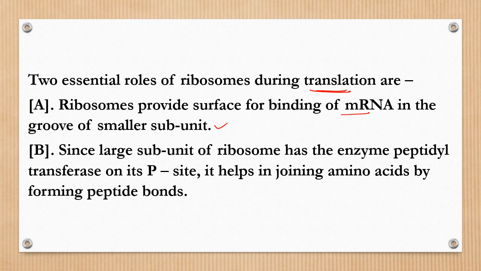And second, the large subunit of the ribosome has the enzyme peptidyl transferase at its P site, which helps in joining amino acids by forming peptide bonds. So remember that the large subunit has a site called the P site, which consists of the peptidyl transferase enzyme.